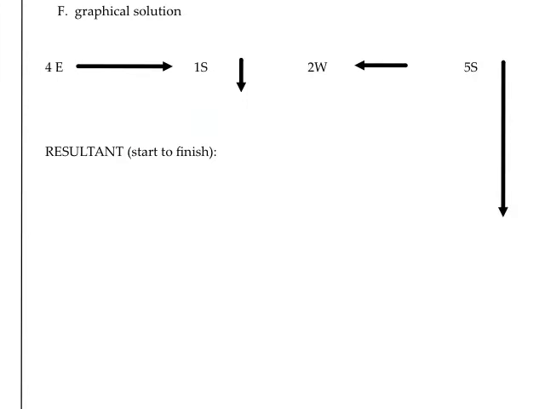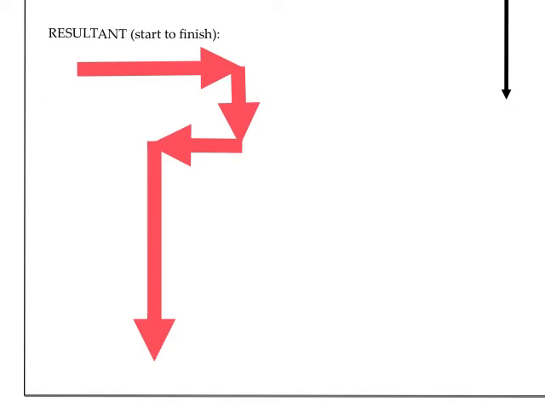So now let's see how we can combine more than one vector. I'm going to take the example and I'm going to line them all up tip to tail in order. So if you noticed, I drew vectors and I said 4 to the east, 1 step south, 2 to the west, and then 5 south again. When you're drawing vectors like this, you want them to be as in proportion as possible to each other.